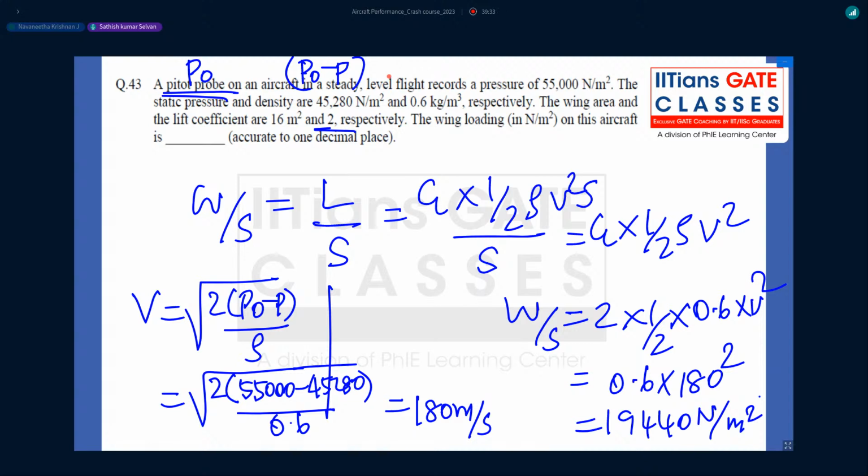For half rho V square, it is nothing but P naught minus P. Yes, we can put it directly. Yeah, no issue. P naught minus P is nothing but half rho V square, so we can put P naught minus P directly for half rho V square. That way also we can solve.